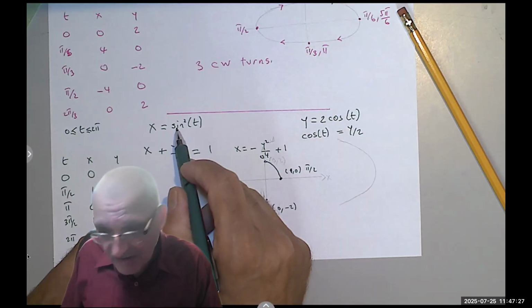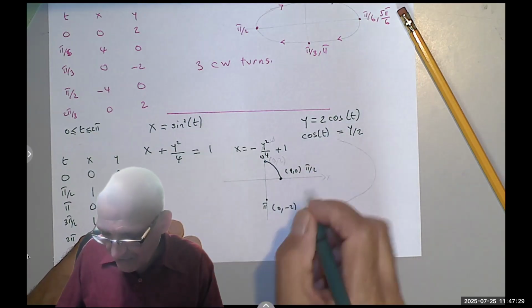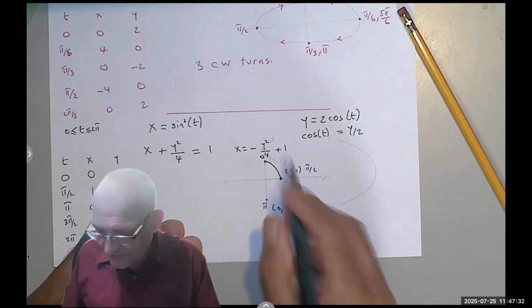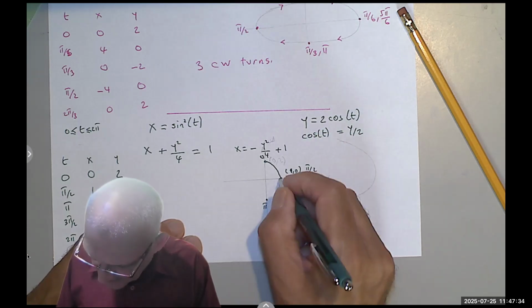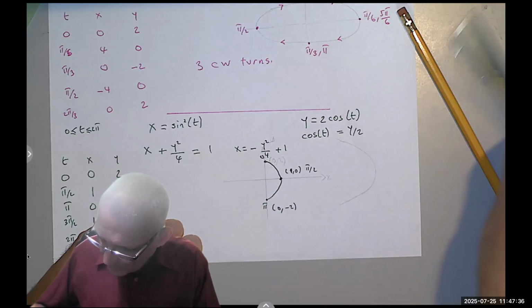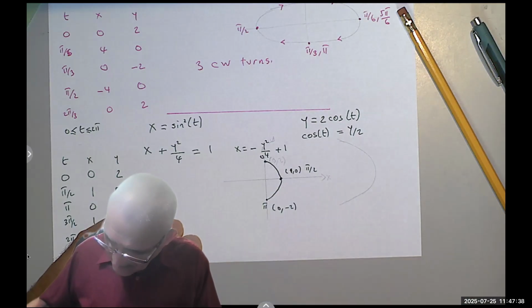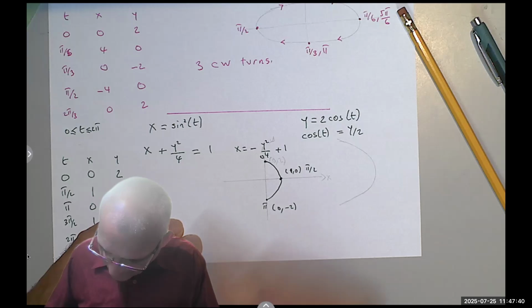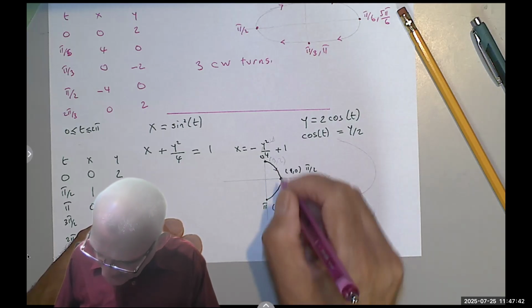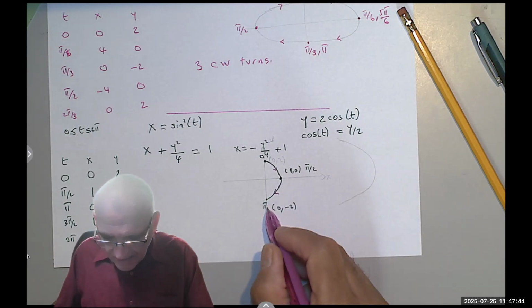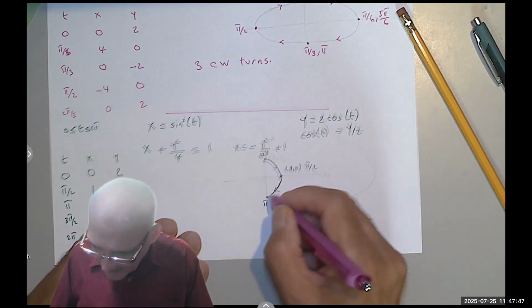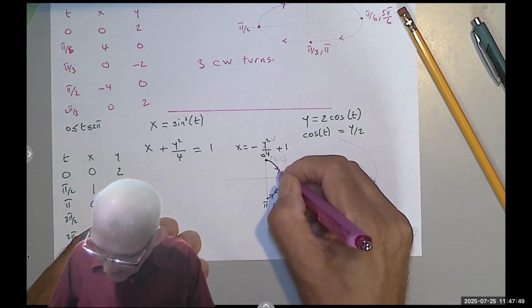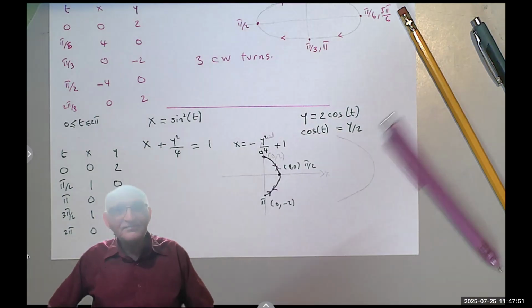If I switched, so that I made that cosine square and this is sine, it will change because I will start here. I started here, went clockwise until I reached pi, and then I went back and ended up here.